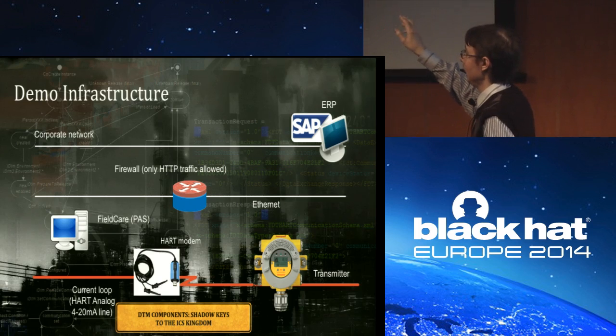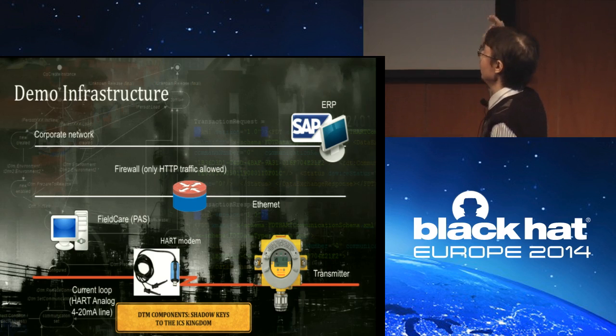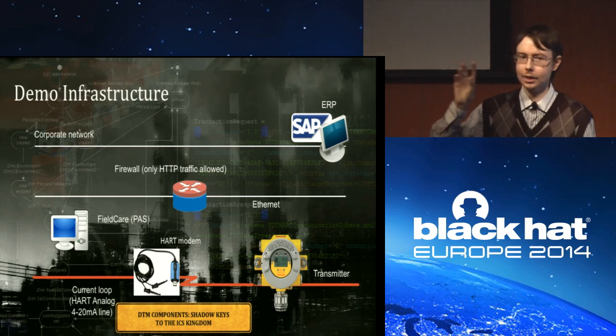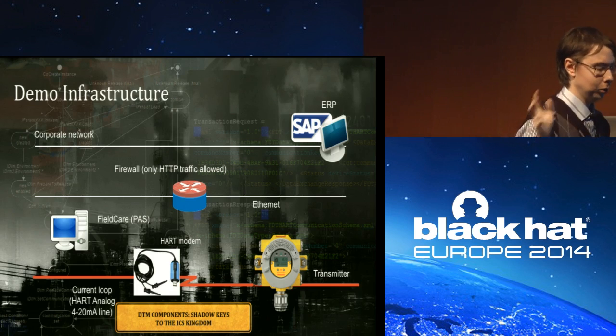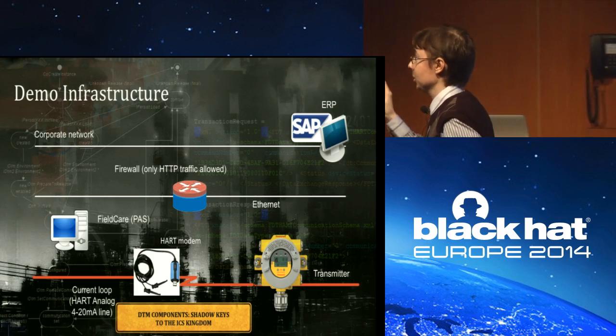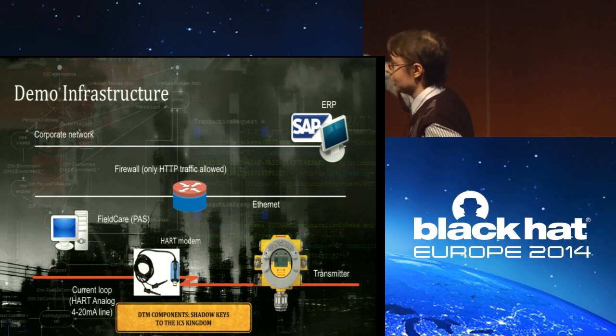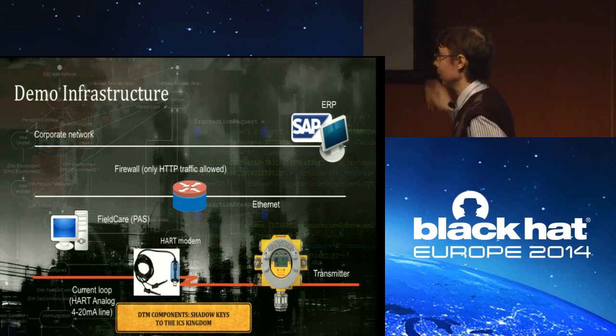Also, we have a HART modem that is connected to FieldCare and to the industrial transmitter on the current loop. Here we use a vulnerability in SAP. It was found by Dmitry Chastuhin two years ago, but this is only a demonstration of how we can extend our attack through the ICS network from the lowest level to the highest level.